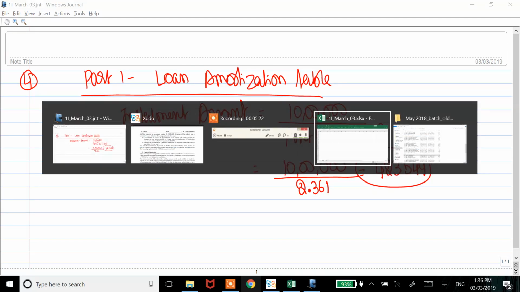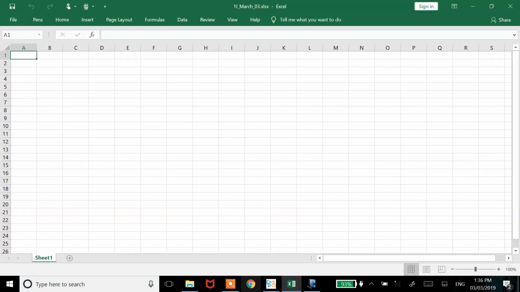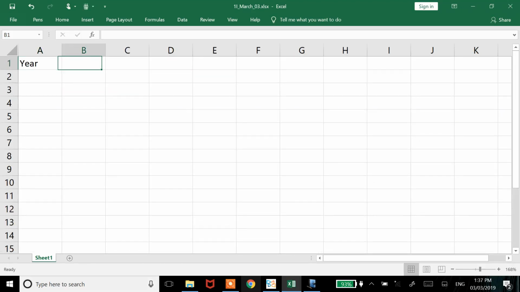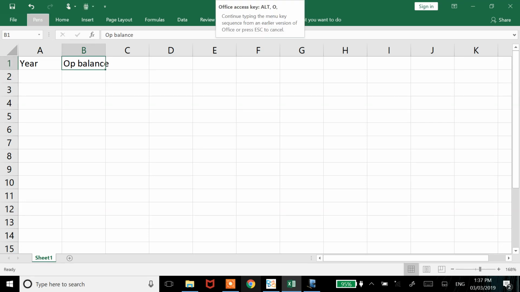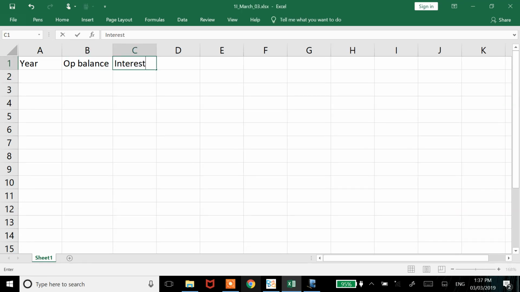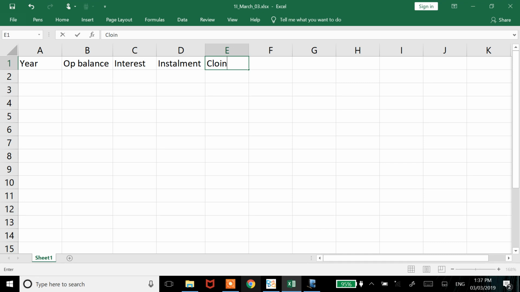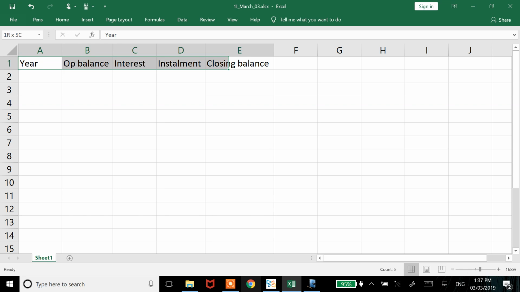Now 4 columns, because the discount rate is different.